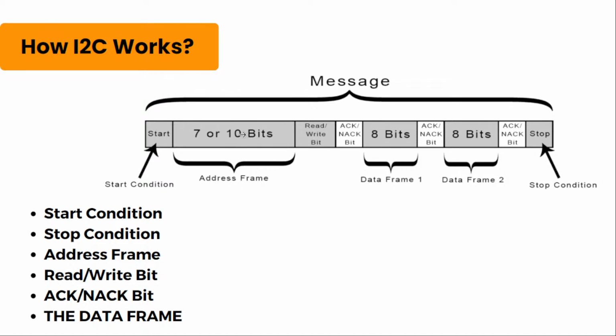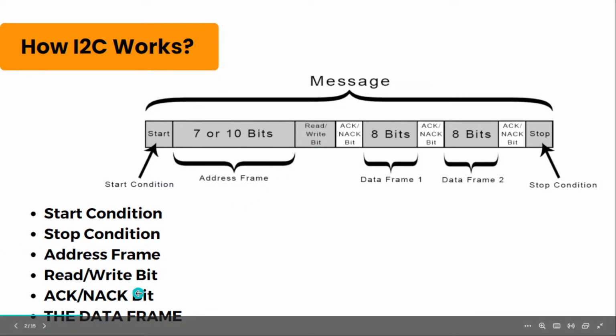The master sends the address of the slave it wants to communicate with to every slave connected to it. Each slave then compares the address sent from the master to its own address. If the address matches, it sends a low voltage acknowledgement bit back to the master. If the address doesn't match, the slave does nothing and the data line remains high.